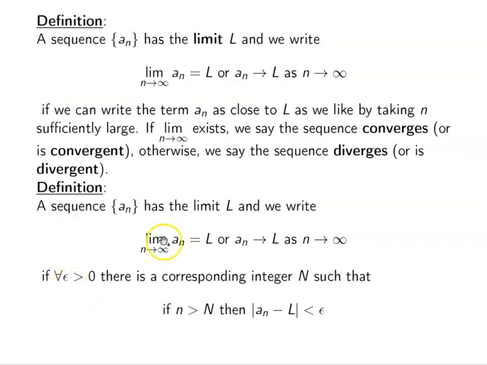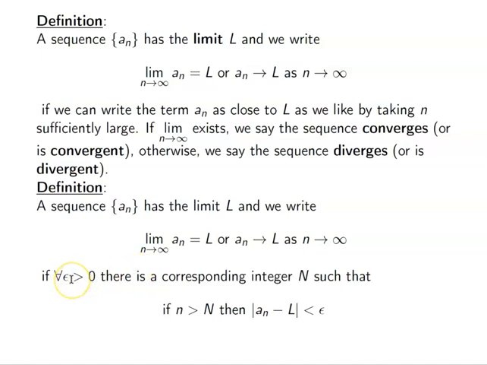So again, this is really a more formal way of saying what we have up top, right? The top definition is really talking about convergent and divergent. The bottom definition is really talking about the definition of the limit, right? So let's reiterate this. When I look at very, very large values, right?